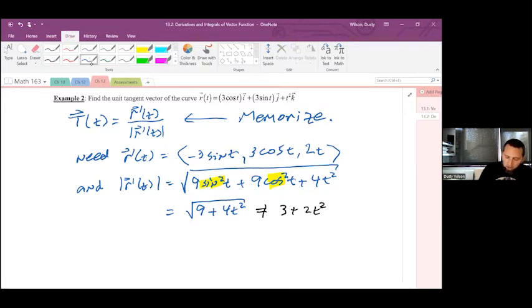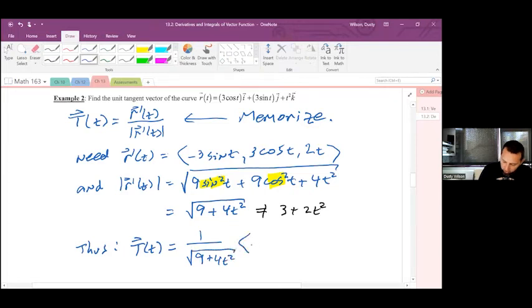But we're able to combine our r prime of t and our magnitude r prime of t and draw our conclusion. So thus, T of t, the unit tangent vector, is equal to 1 divided by the square root of 9 plus 4t squared times the vector negative 3 sine t, 3 cosine t, and 2t. And that is our unit tangent vector for the given curve.